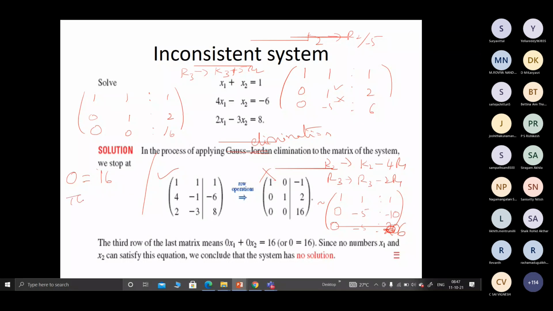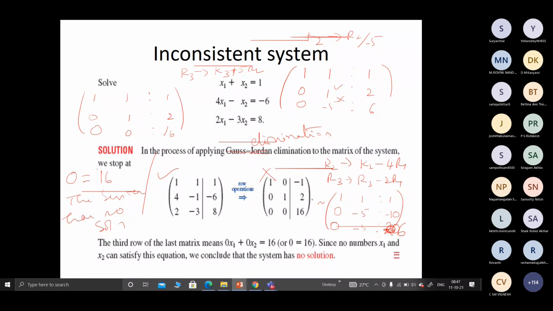System has no solution. Sir, so every time when we're solving this, the last row, all of the thing will become 0, right? If the system has solution, it should become. Yes. Otherwise, the system has no solution.